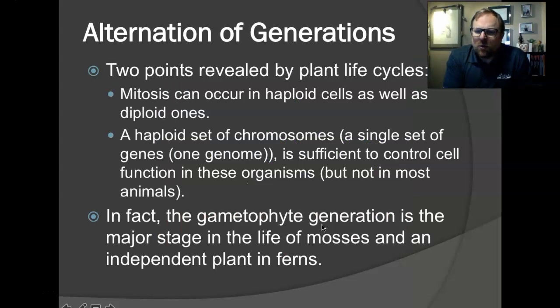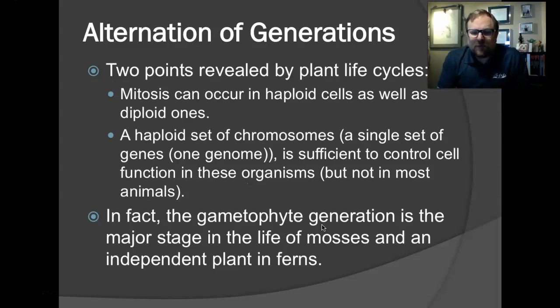What's interesting, two points revealed by these plant cycles, is that mitosis can occur in haploid cells as well as diploid cells. It doesn't happen in humans, but it does happen in other organisms out there. And a haploid set of chromosomes, a single set of genes, or one genome, is sufficient to control cell function in these organisms, particularly in plants, not necessarily in animals, okay?